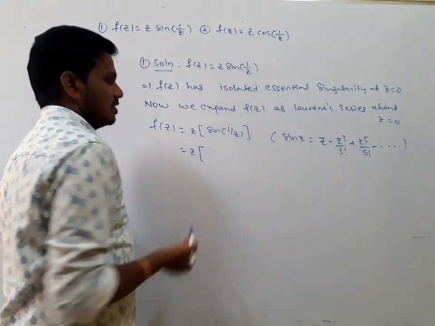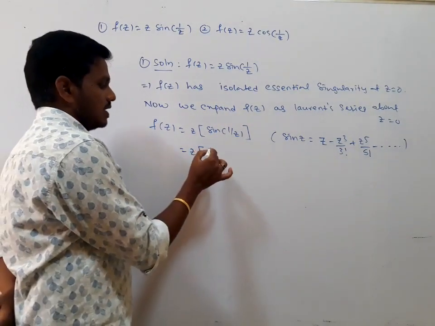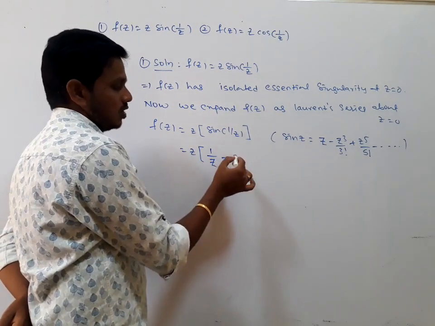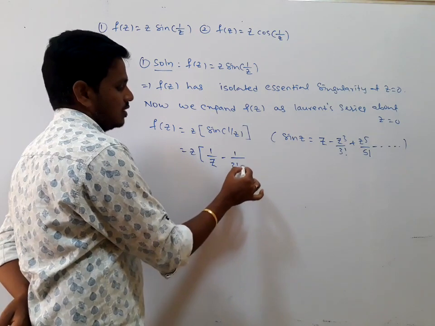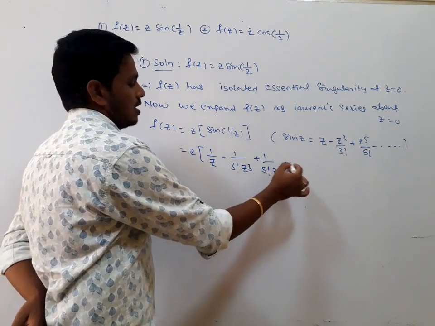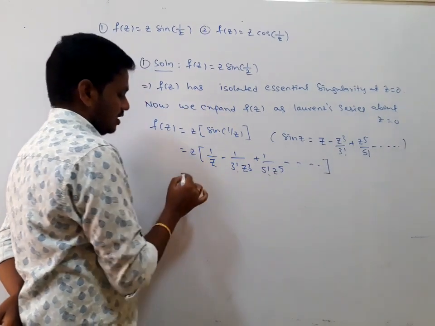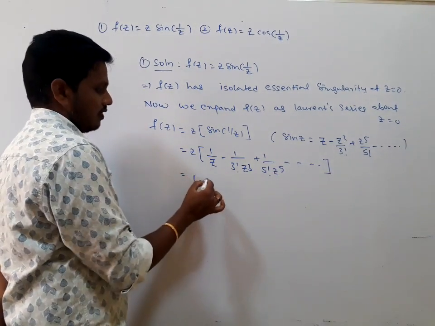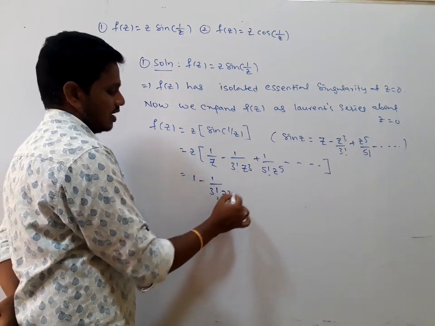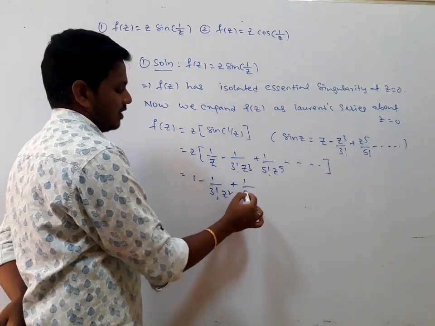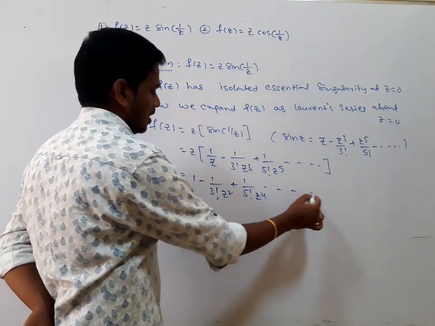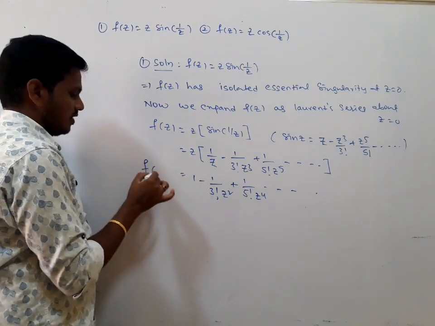In place of z we have 1 by z, so sine 1 by z is 1 by z minus 1 by 3 factorial into z cube plus 1 by 5 factorial into z to the power of 5, minus and so on. Multiplying with z, z by z is 1, minus 1 by 3 factorial, z by z cube is 1 by z squared, next 1 by 5 factorial, z by z to the power of 5 is 1 by z to the power of 4, minus and so on. This is the Laurent series expansion for f(z).